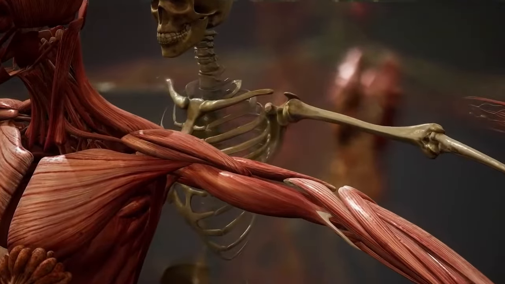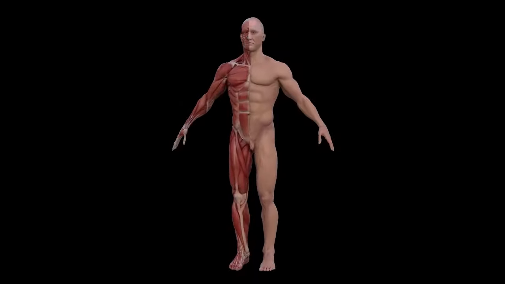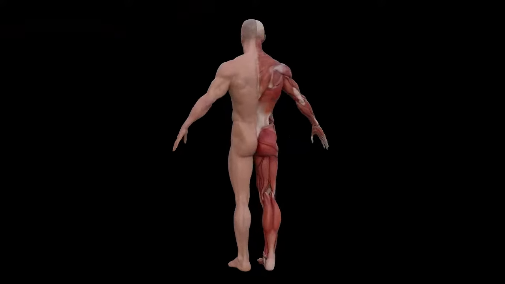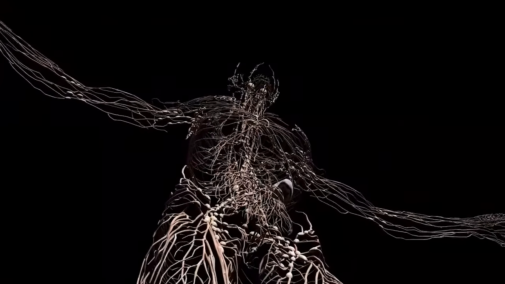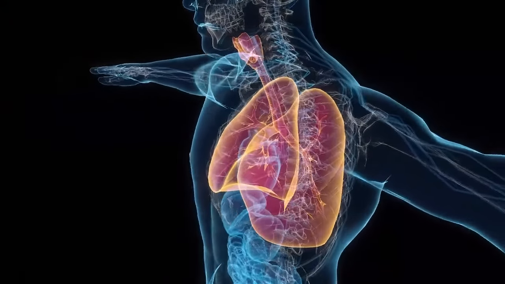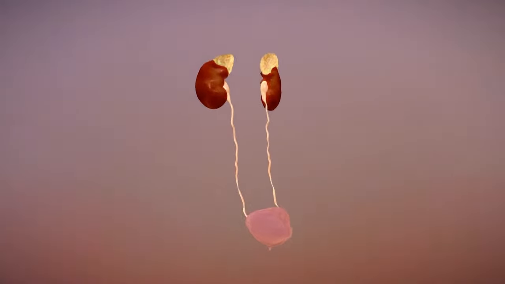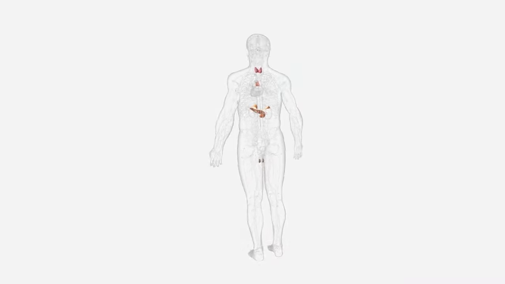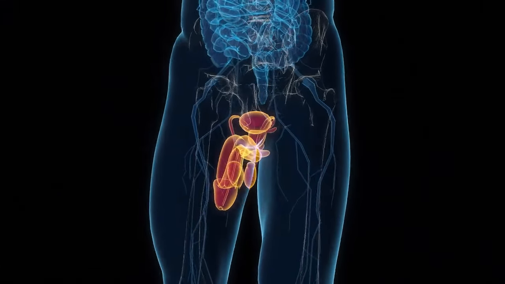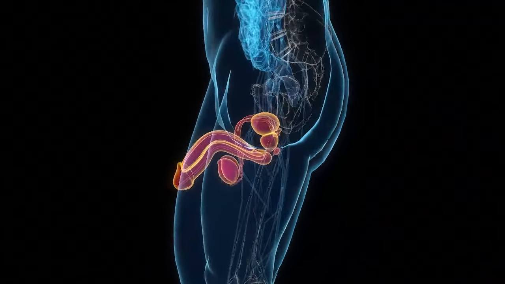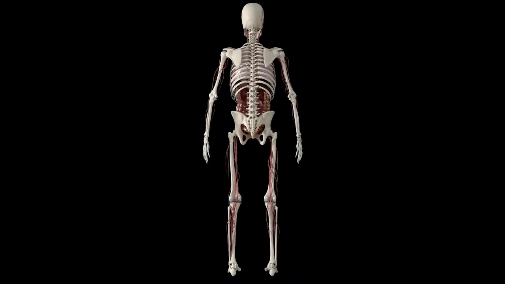Here are some of the major systems of the human body: skeletal system, muscular system, cardiovascular system, nervous system, respiratory system, digestive system, urinary system, endocrine system, lymphatic system, and reproductive system. To understand how these systems work, you first need to know a little bit about these systems.